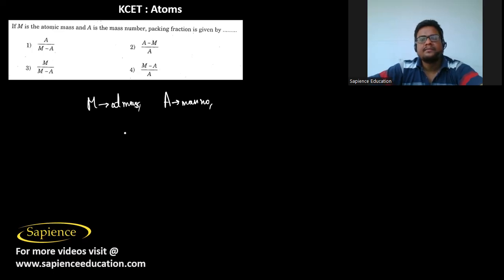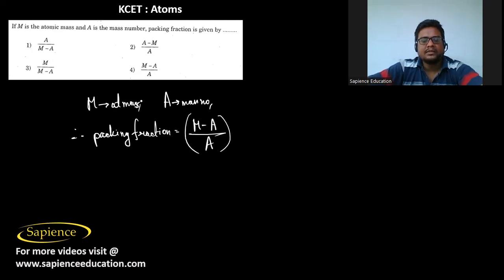Okay. So the packing fraction is given as m minus A divided by A. The atomic mass minus the mass number divided by the mass number. So option 4 is the correct answer.